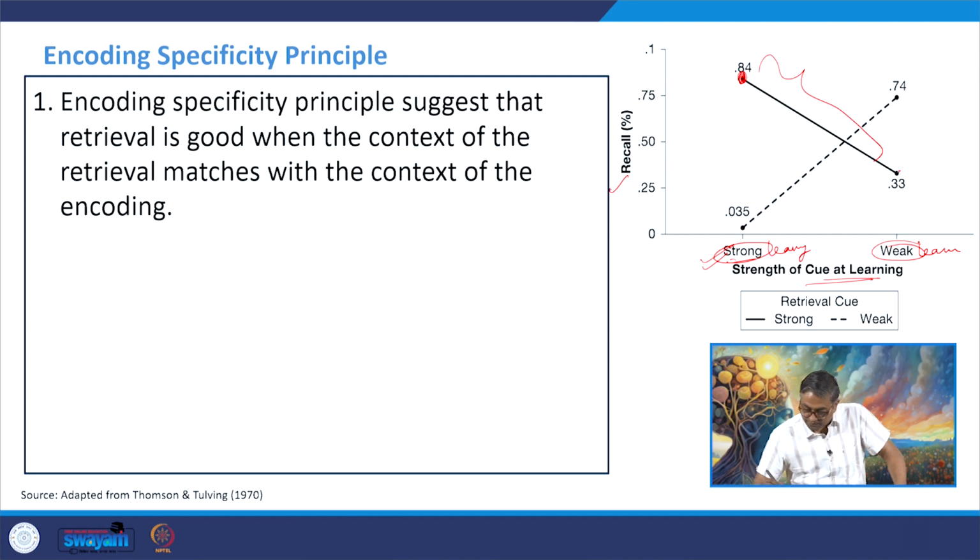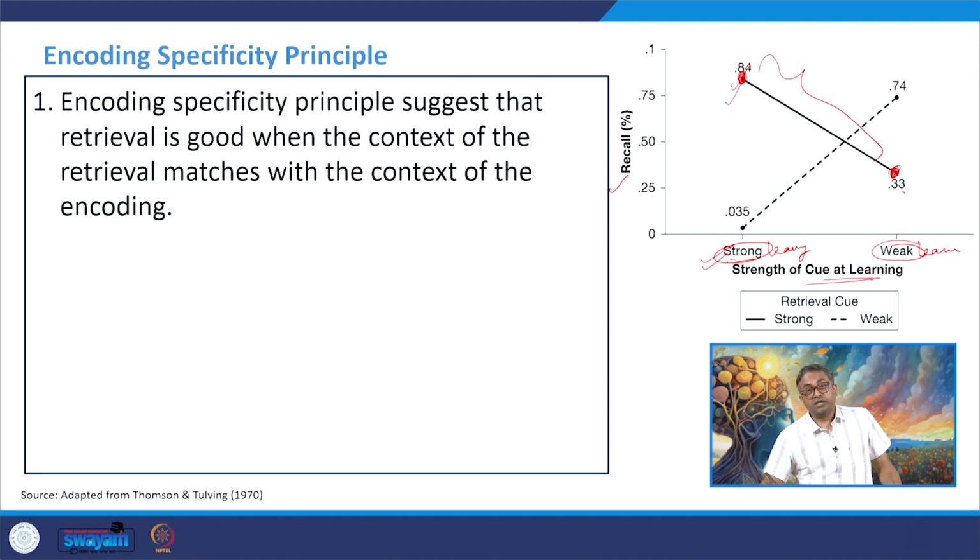Same context. When weak learning is happening, but the strong cue is there, what does this mean? At the time of encoding, when the cue which is being used is similar in nature, having familiarity, dominance, frequency, then the recall is much higher.